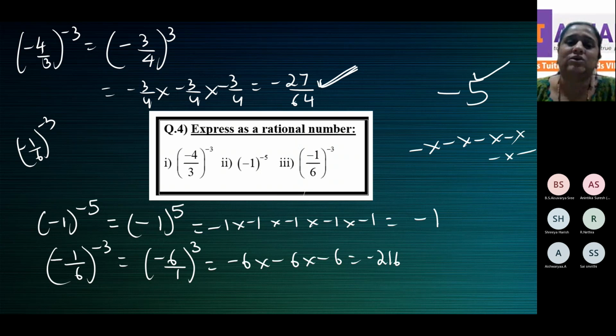Only then you can find the value. What does the power say? It says how many times the base has to be multiplied with itself. So the number of times has to be positive. So if the power is negative, you need to write its equivalent and make it positive, and then you can find the value.